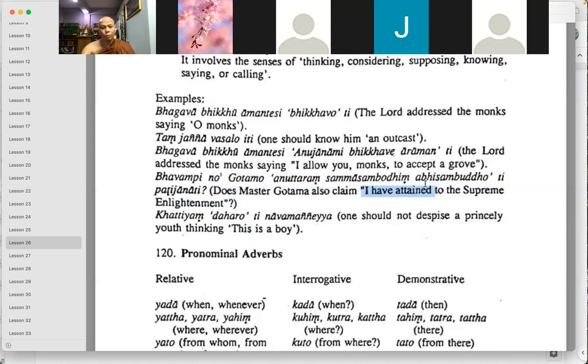That is, anuttaram sammasambodhim abhisambuddho ti. Ti is actually an open and closed comma, and here you see, in this way.